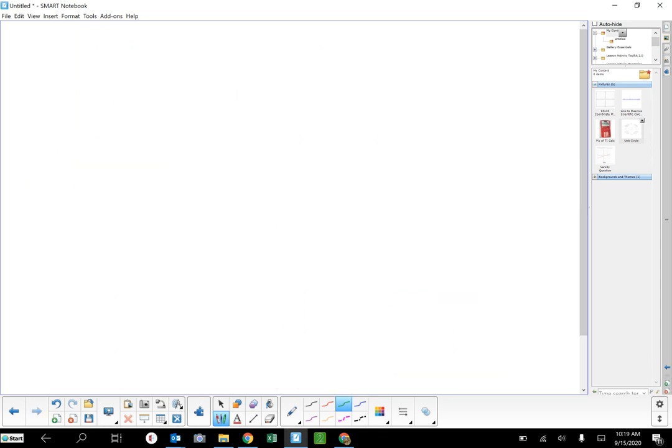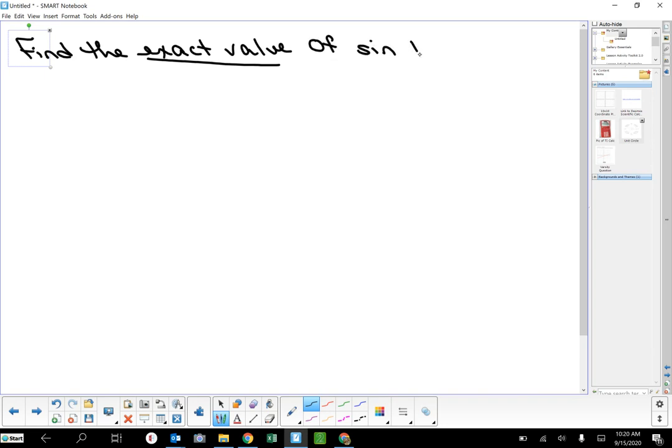Now, here is how you would use this if you're given a varsity question that looks like this. Find the exact value. Remember, that means radicals when you see the words exact value of the sine of 105 degrees.